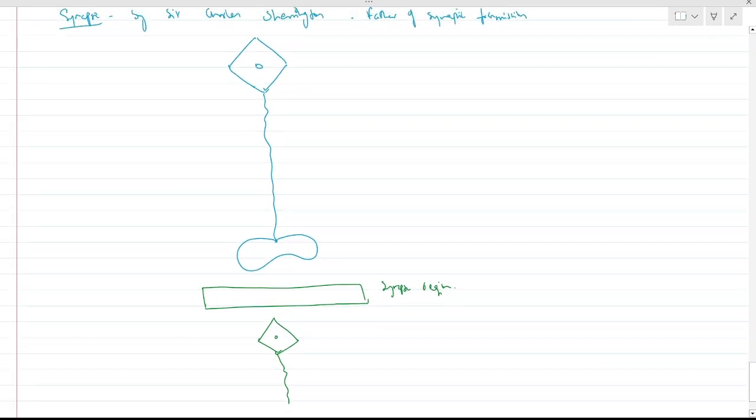So let's expand our discussion here. This is a presynaptic neuron. Okay, this is our axon. So this is called our axosomatic synapse.